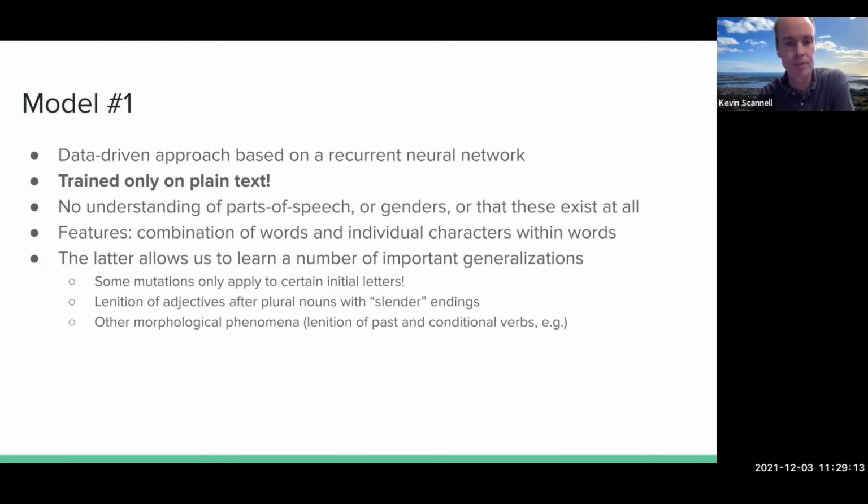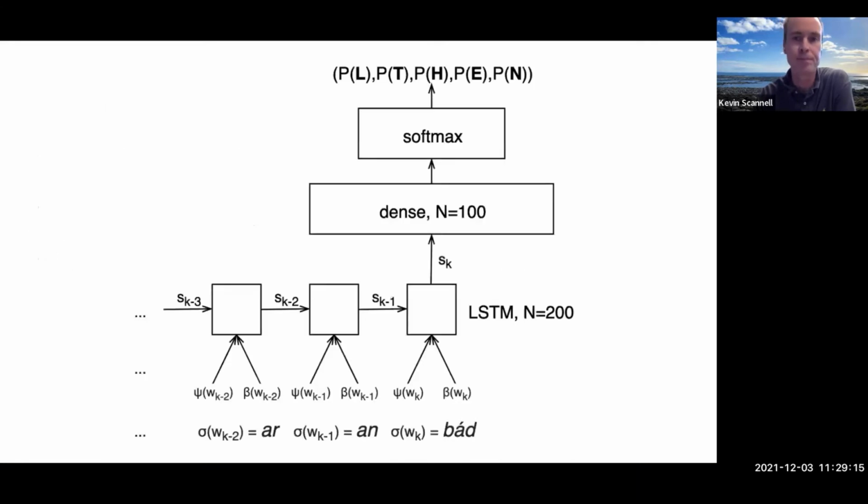So for those who like neural networks, I thought I would at least put the picture up. With these things, if you're new to it, the input comes from the bottom, flowing up to the top. So you see these stripped, unmutated words at the bottom. And the two arrows coming in are features related to the word and features related to the individual letters of the word.